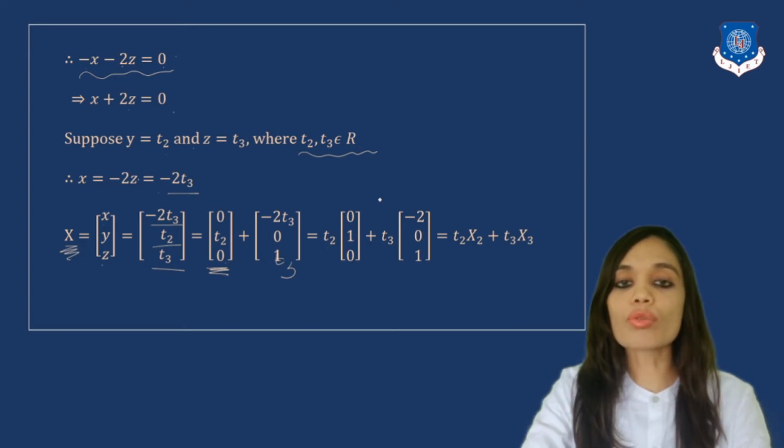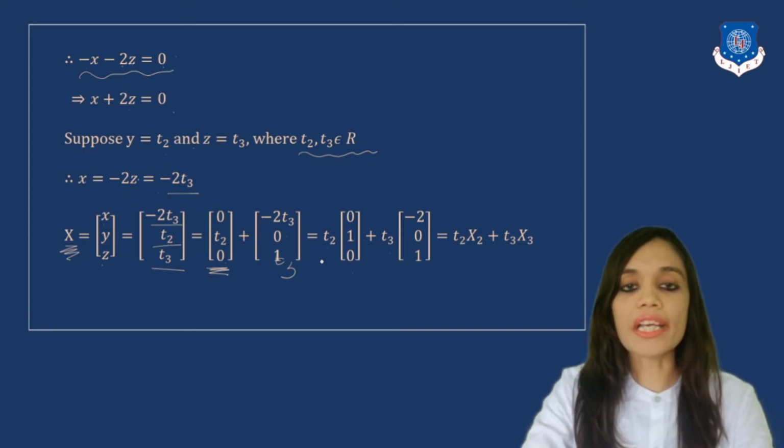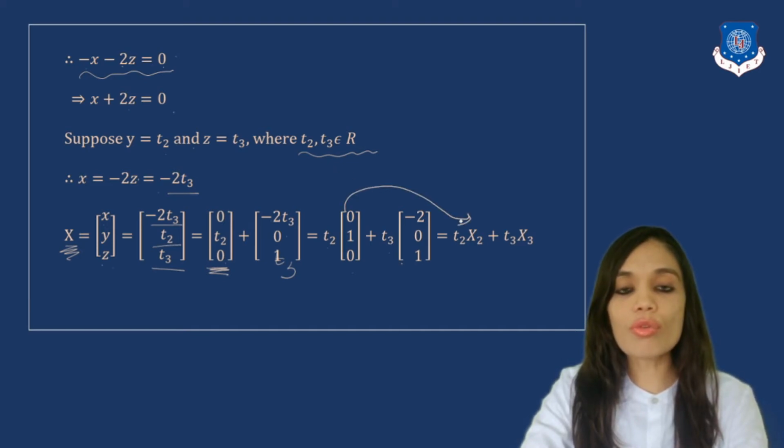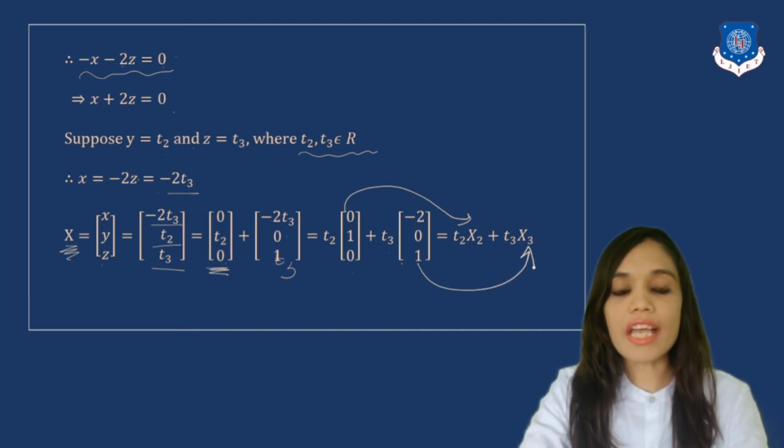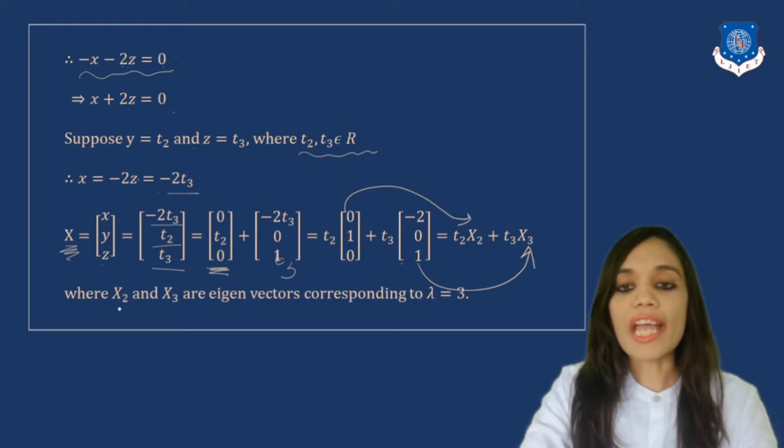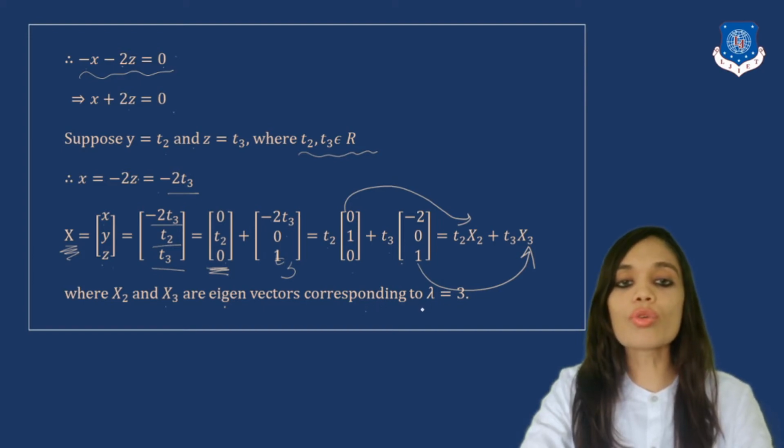So we will get t2 times (0, 1, 0) plus t3 times (-2, 0, 1). Now we will assume this vector as x2 and this vector as x3, where x2 and x3 are eigenvectors corresponding to lambda equal to 3.